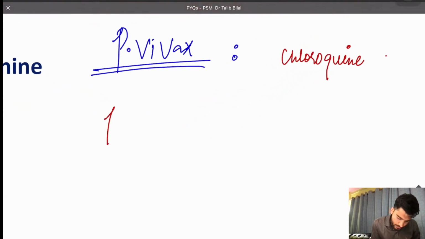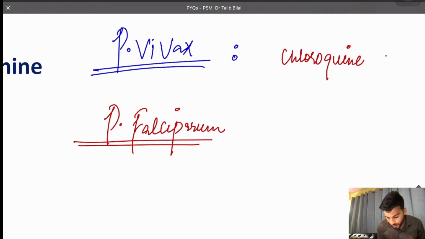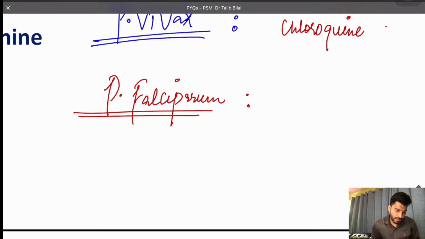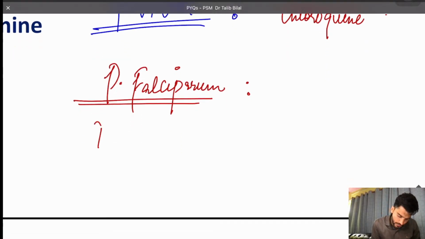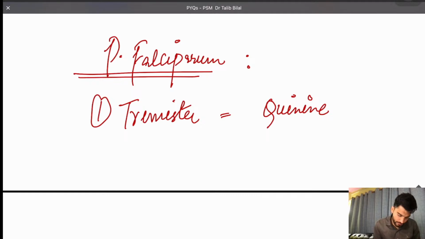If it is Plasmodium falciparum, it also causes anemia, guys. You have classical blood picture given. Okay, yes, first trimester, your answer is quinine. Very good. First trimester, your answer is quinine. Second trimester, yes, second and third chloroquine is same.